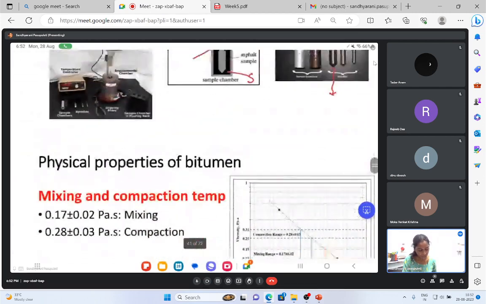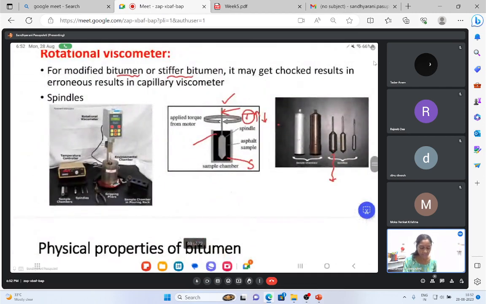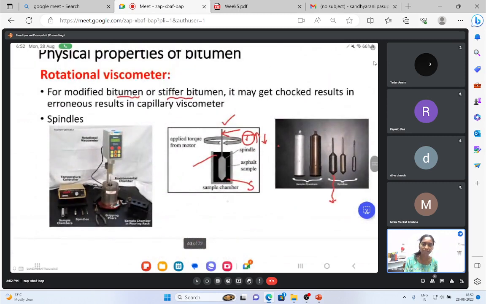So in addition to the calculation of viscosity, the other purpose of this rotational viscometer is the calculation of mixing and compaction temperature. Every time we are talking about mixing the bitumen with the aggregate. At what temperature am I supposed to heat the bitumen or the aggregate so that there can be a proper amount of mixing or a proper coating of bitumen over the aggregate surface?